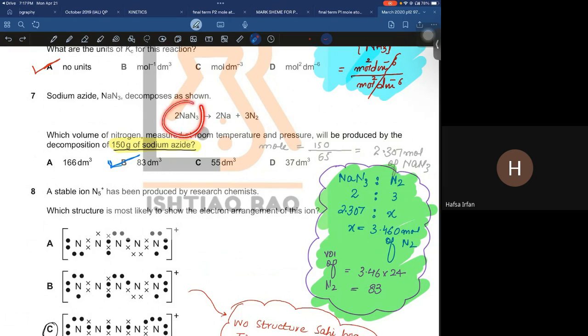If you look at the mole ratio between sodium azide and nitrogen gas, that is 2 is to 3. I need to find the moles of nitrogen gas, so after cross multiplication, I would be getting the moles of nitrogen. And then they were asking the volume in decimeter cube, so volume would be equal to mole multiplied by 24. So I would be getting 83. So that's why the answer is B.